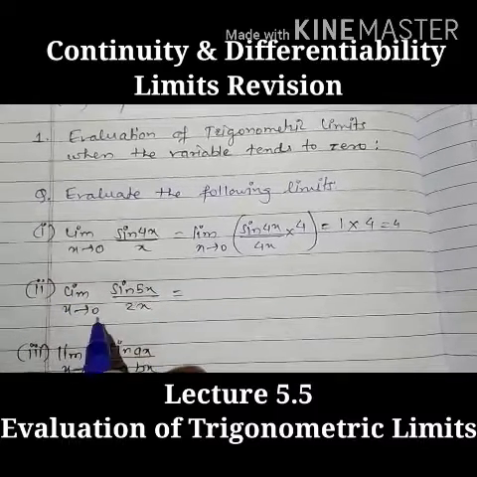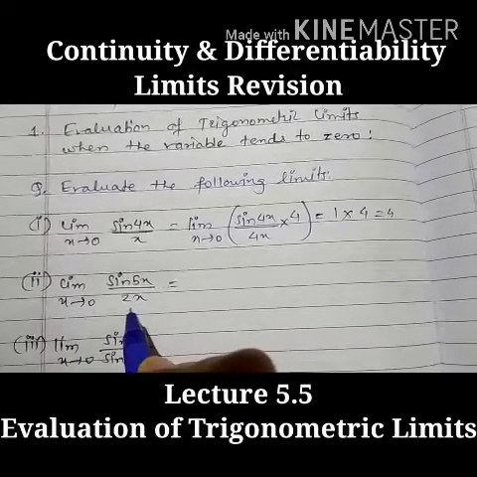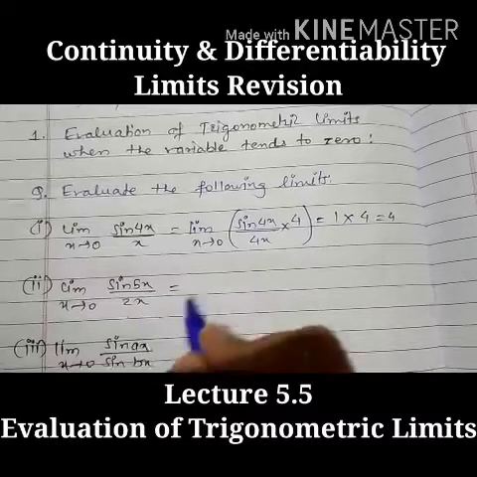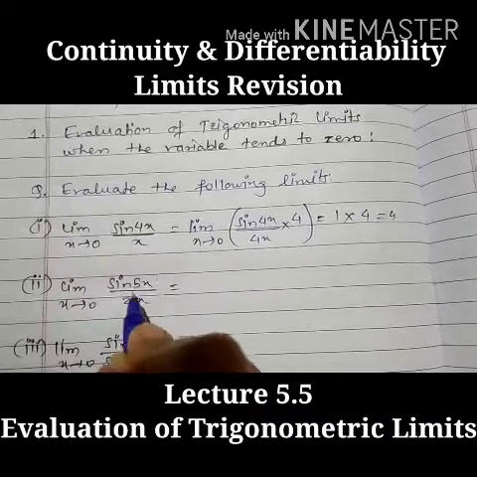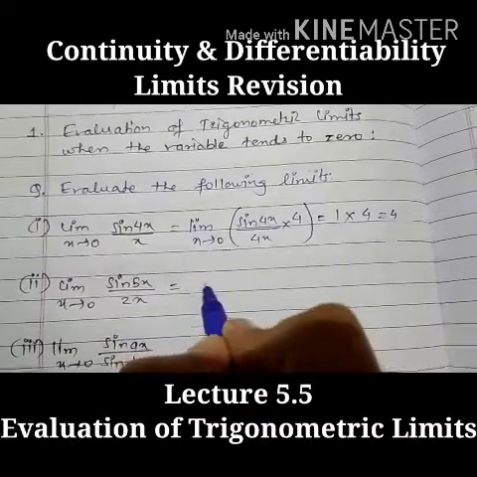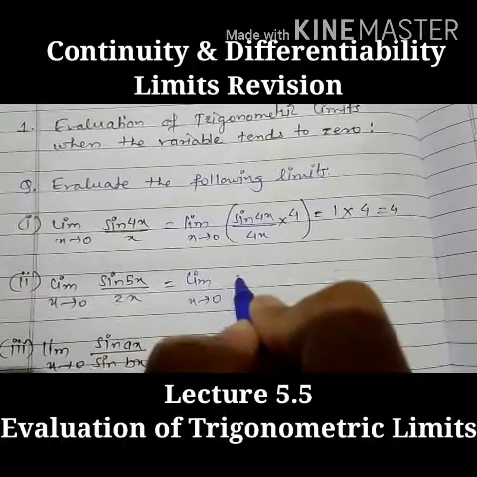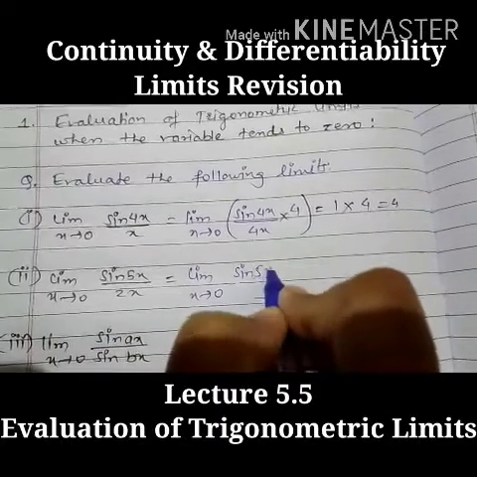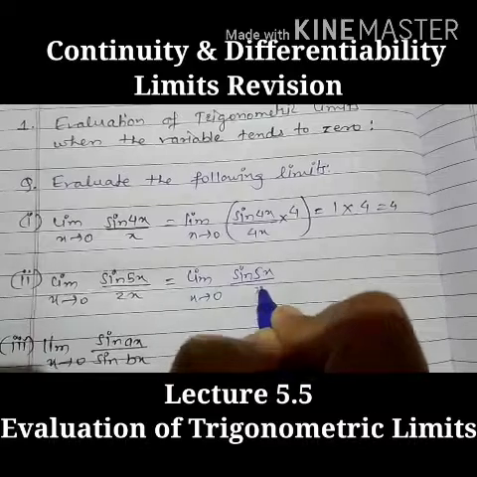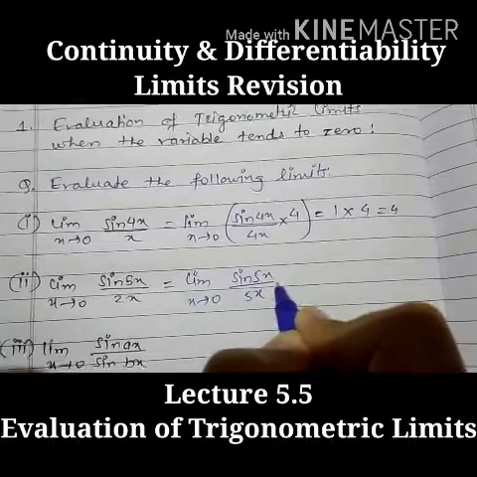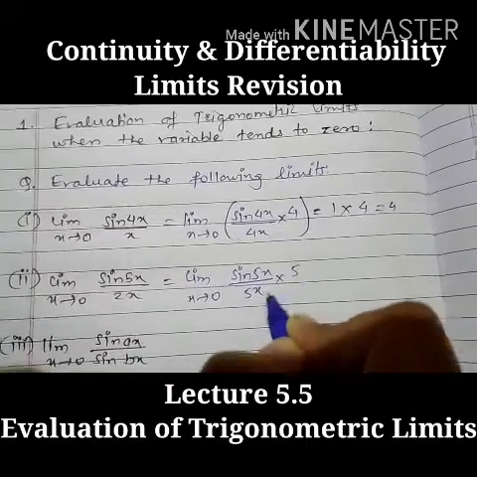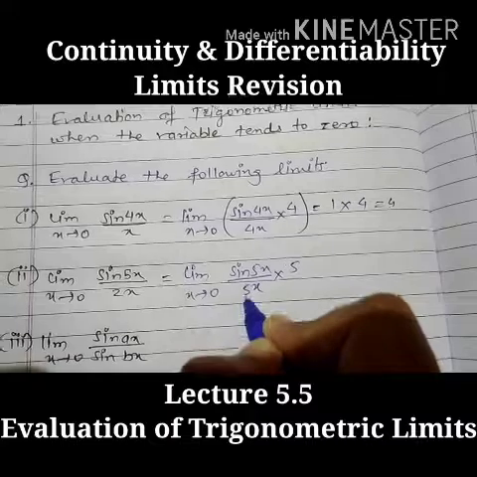Limit as x tends to 0, sin 5x upon 2x is equal to. Now what we'll do? We need 5x, and 2x is here. So we will write this as limit as x tends to 0, sin of 5x upon x as it is. We need 5, so for balancing we'll multiply by 5 and divide by 5.